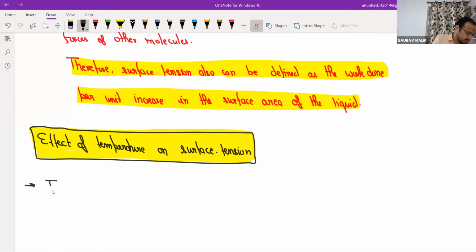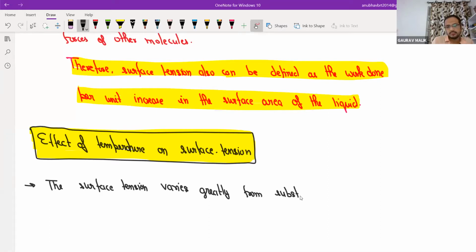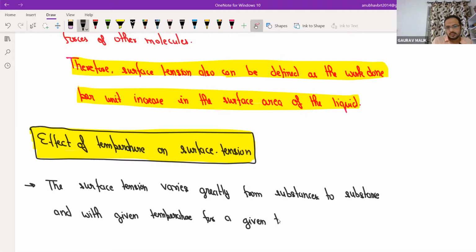Effect of temperature on surface tension. We know that the surface tension varies greatly from substance to substance and with given temperature for a given substance.